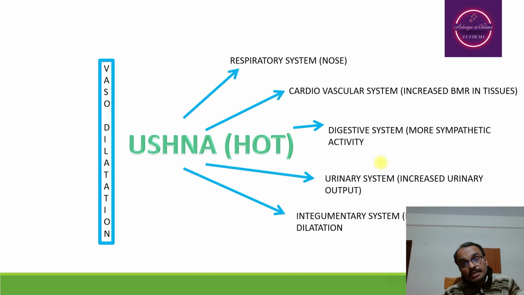This again results in increased vascularity, adding more burden on cardiac pumping, so more blood supply goes to the kidneys as well as the skin, resulting in increased urinary output as well as increased sweat production.